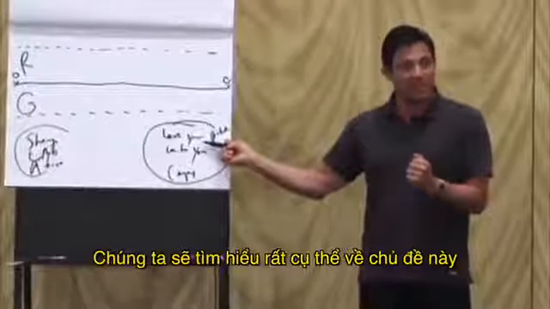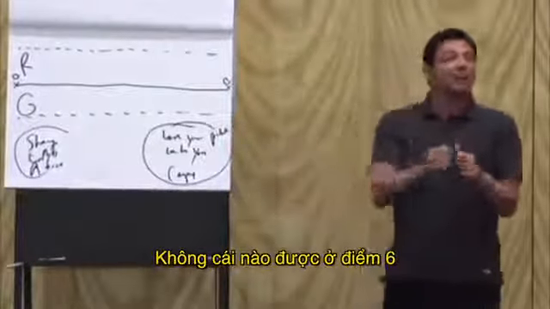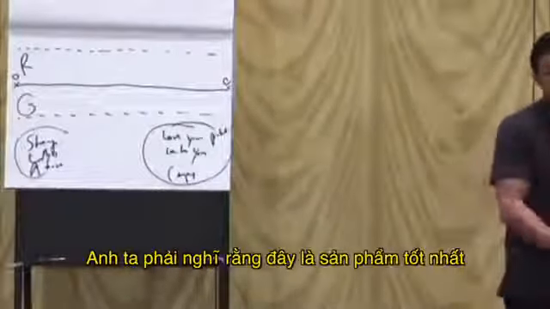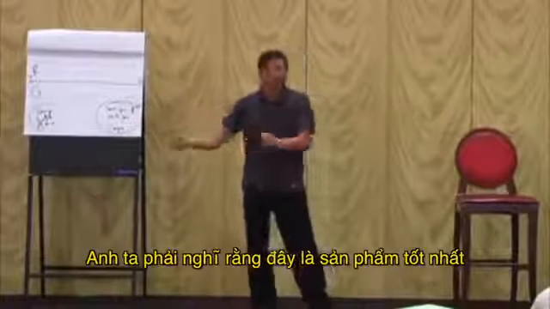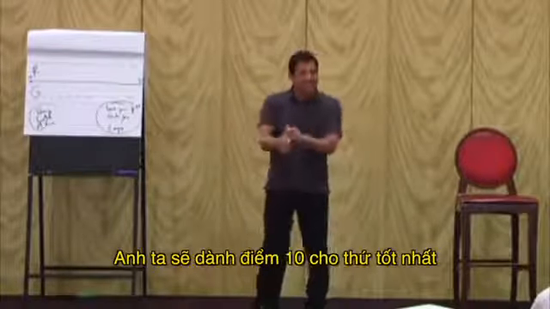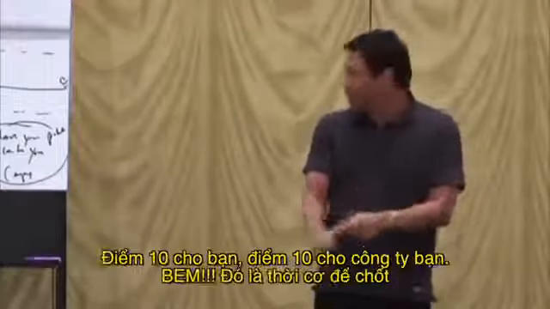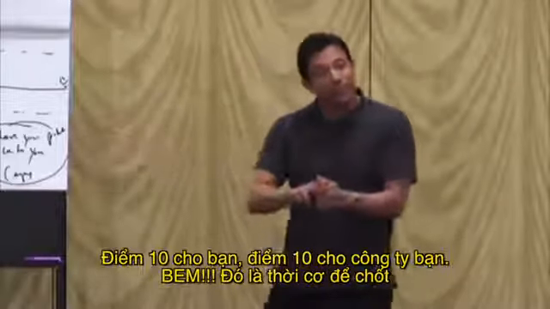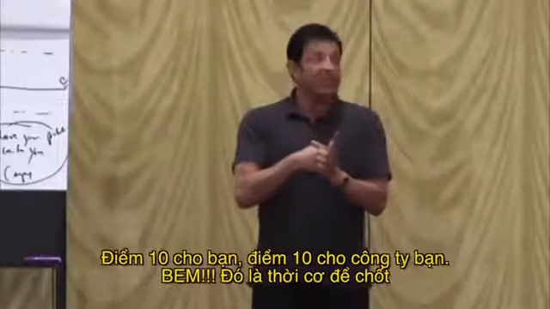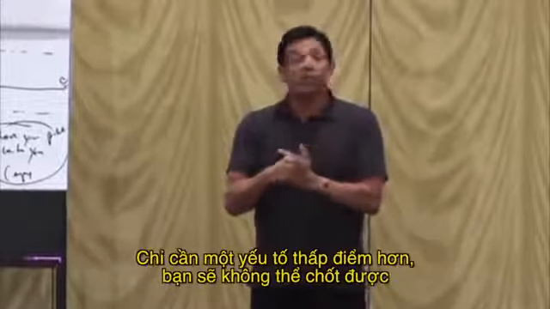We're going to go through this in intimate detail. The 3 10s, which mean someone cannot be at a 6. 10 being he thinks it's the best thing since sliced bread, 1 he hates it, right? He's got to be a 10 for sliced bread, 10 for you, 10 for your company, and bam, then you've got a shot to close. If one of those is lower, you're not going to close.